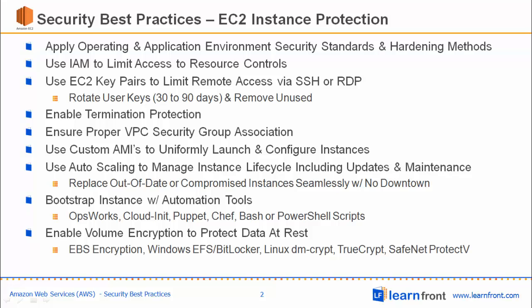We touched loosely on Auto Scaling. It can help you manage the lifecycle of your resources, so instead of showing downtime on your resources, you can, behind the scenes, through the use of AMIs, spin up a resource, provide all the hardening, upgrading, software patching and installation, and then repackage and associate that AMI with an Auto Scaling group, which can then bring down the older resources and reinforce with the new ones.